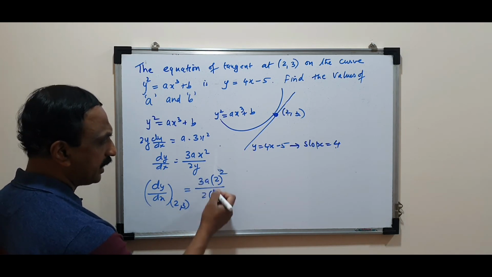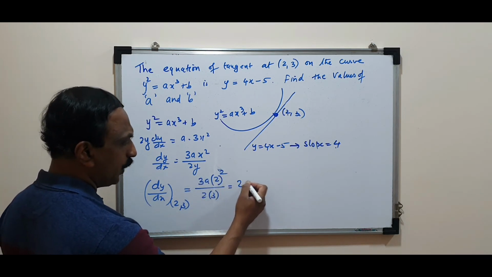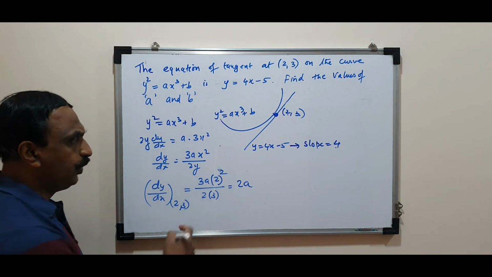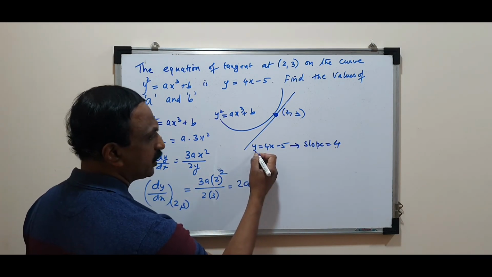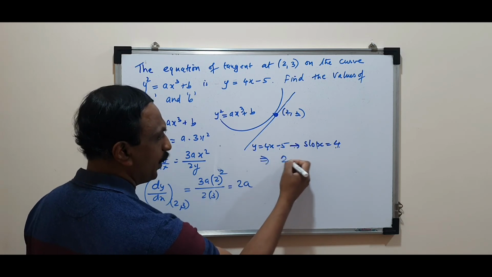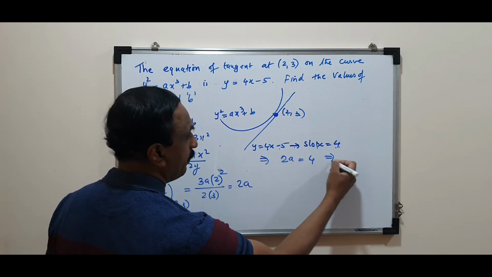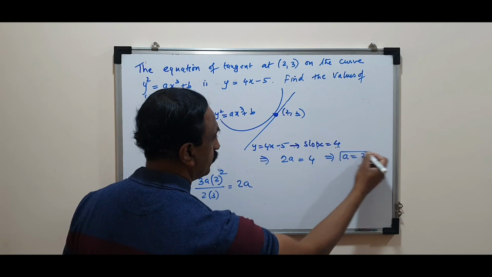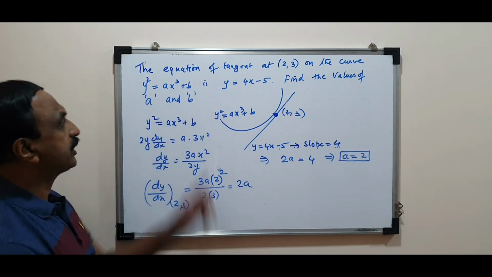So 3 gets cancelled, 1, 2 get cancelled, so 2a. Now we know the slope of this line. Slope of y equal to 4x minus 5 is 4, which means 2a should be equal to 4, which implies a should be 2. So a's value we have obtained.